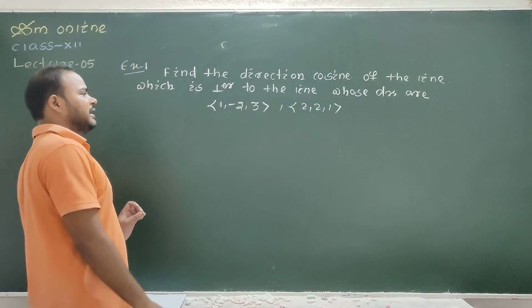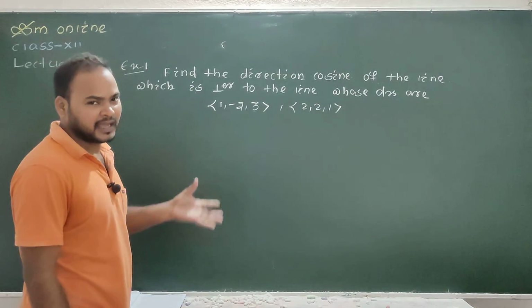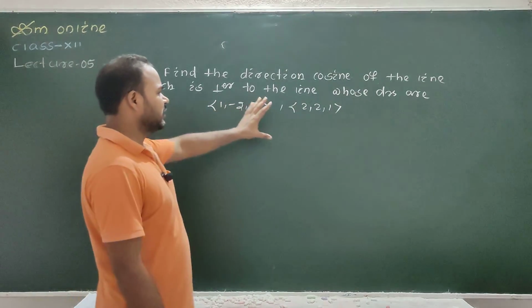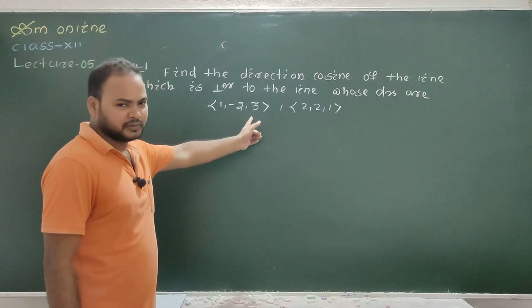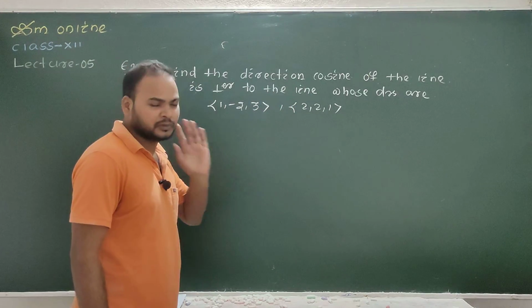We have to find the DCS of the line which is perpendicular to both lines. The DRS of the first line is 1, minus 2, 3 and the DRS of the second line is 2, 2, 1.